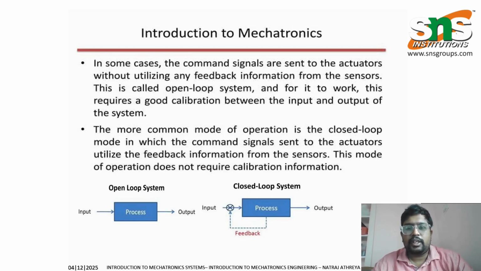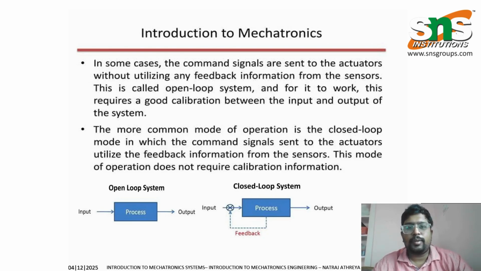In closed loop, we'll have input, a process similar to the previous one, and an output. But the changes in the process or the output will be fed back to the input, and it will try to calibrate the input value so that it can give us the output that is decided by the programmer.